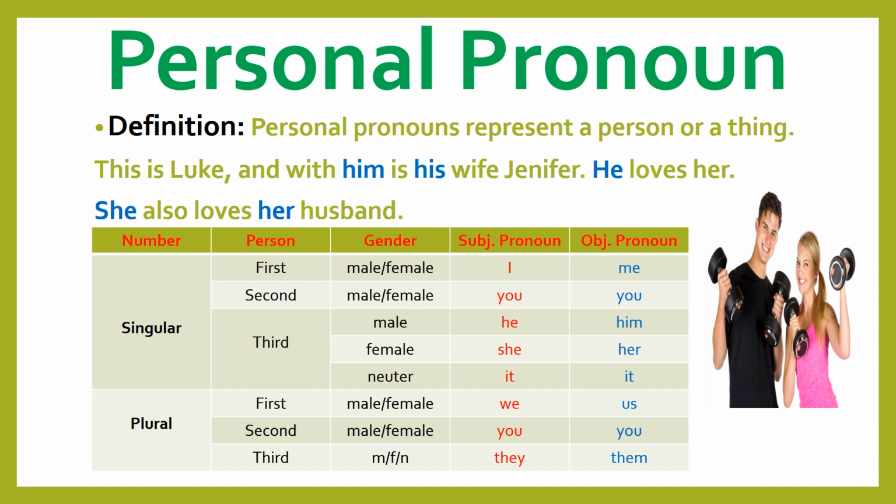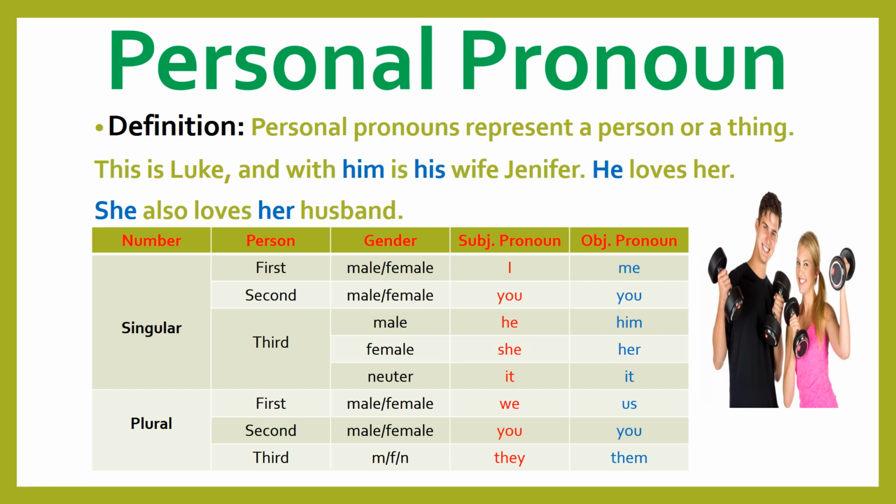Dear students, here we have a table for you to understand the personal pronouns, and the personal pronouns are shown or learned in 2 ways: the subject pronouns and the object pronouns. We have the singulars of the first, second and third person. First person singular is I, and it can be used for a male and for a female also.